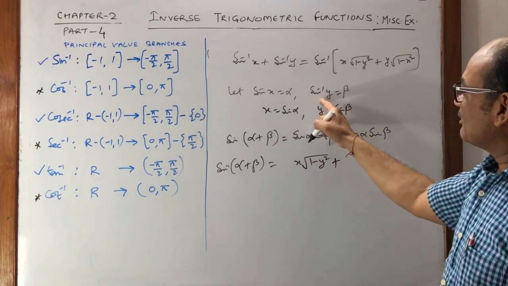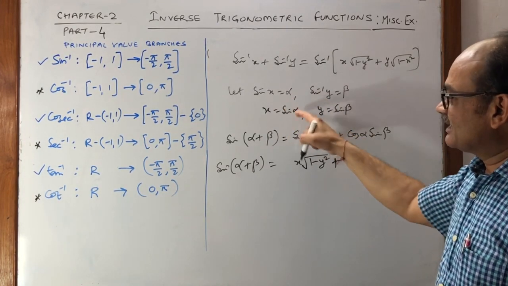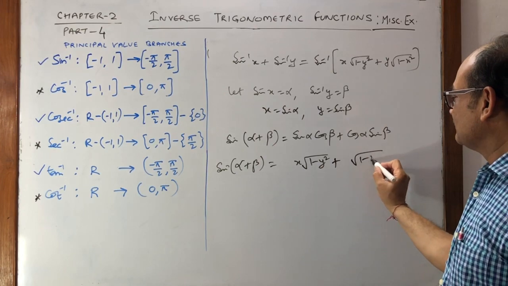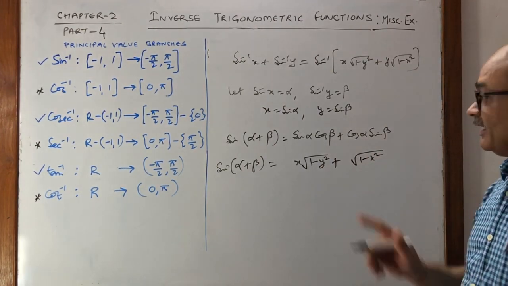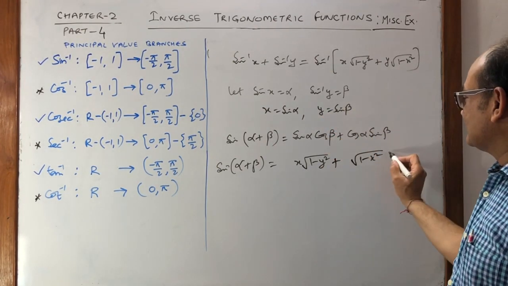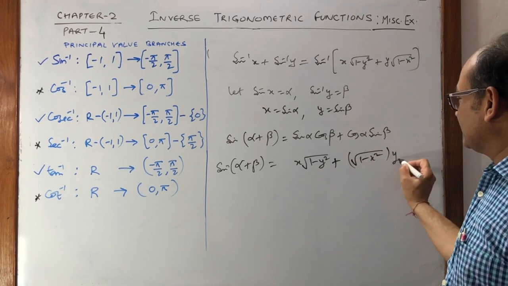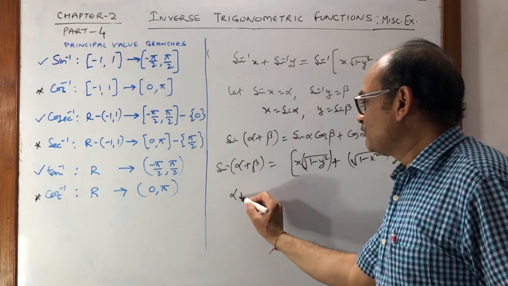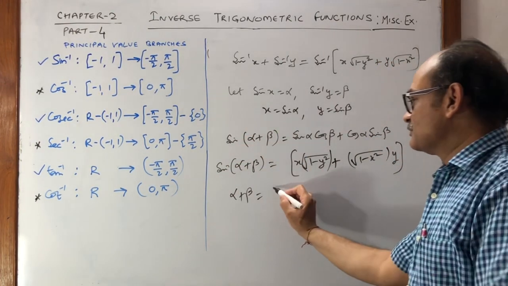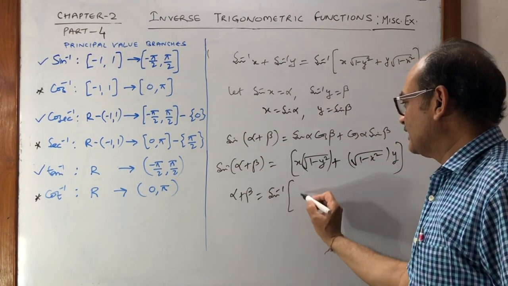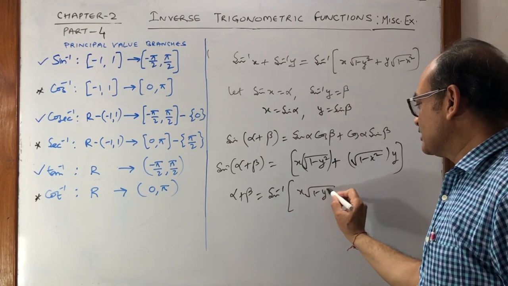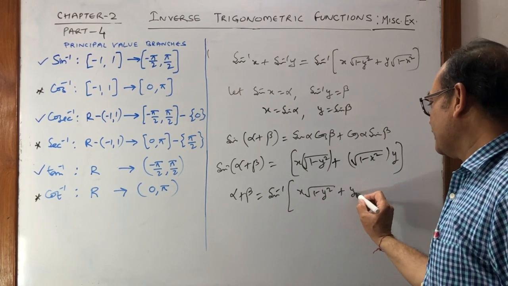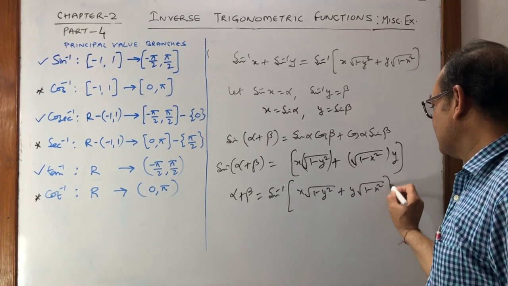Cos alpha: here it is sin alpha x, so root 1 minus x square. And sin beta is already with us, y. So this is the value of sin of alpha plus beta. We can convert to the right hand side as sin inverse, and the answer is x root 1 minus y square plus y root 1 minus x square.